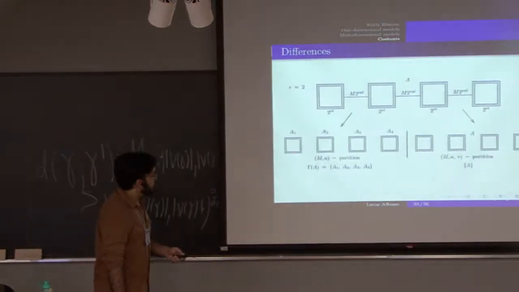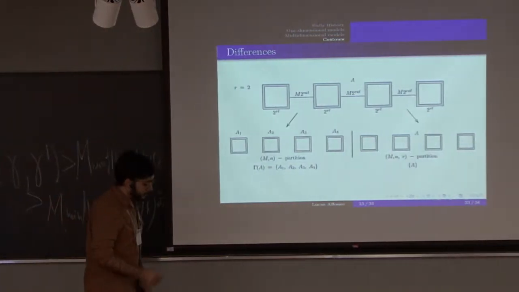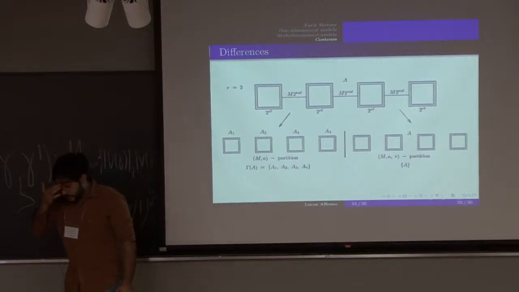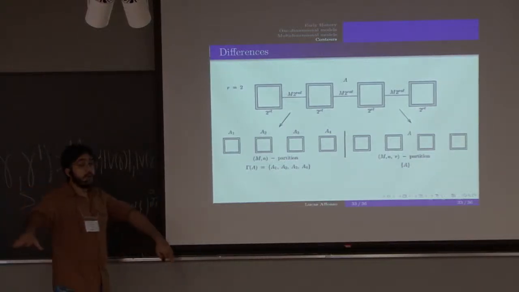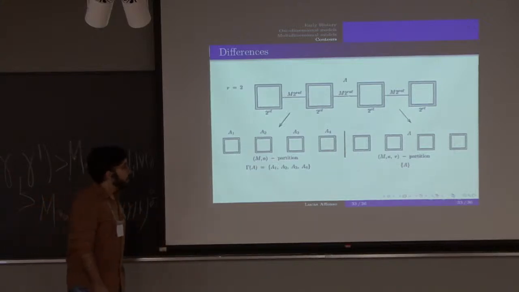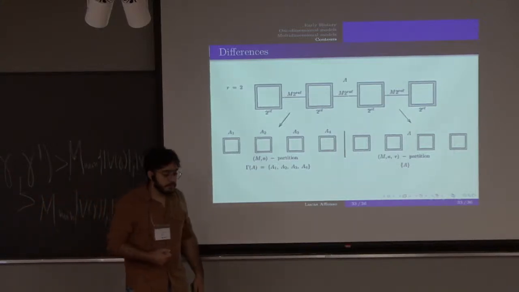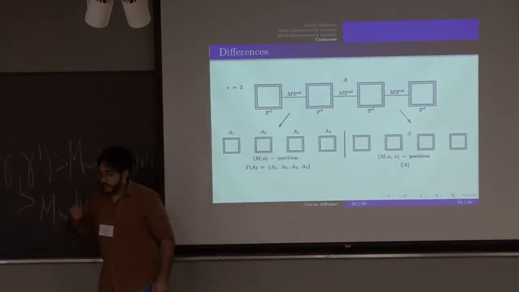And what is the difference between the previous definition and this one? What happens is that the first definition that we gave actually produces much more sparse objects, because the first definition only cares about the diameter.